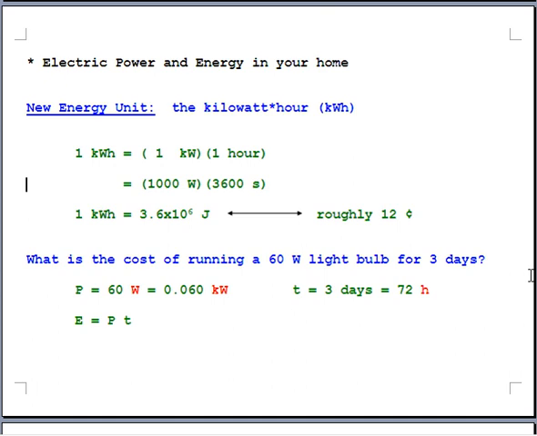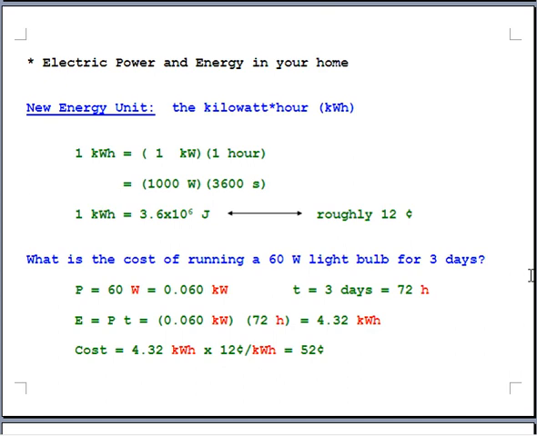And so if you multiply those two things together, E equals P times T, 0.06 kilowatts times 72 hours, you have used, with that single light bulb running for 3 days straight, 4.32 kilowatt hours worth of energy. And we can now take that amount, multiply it by the 12 cents per kilowatt hour. Turns out it's about 52 cents.